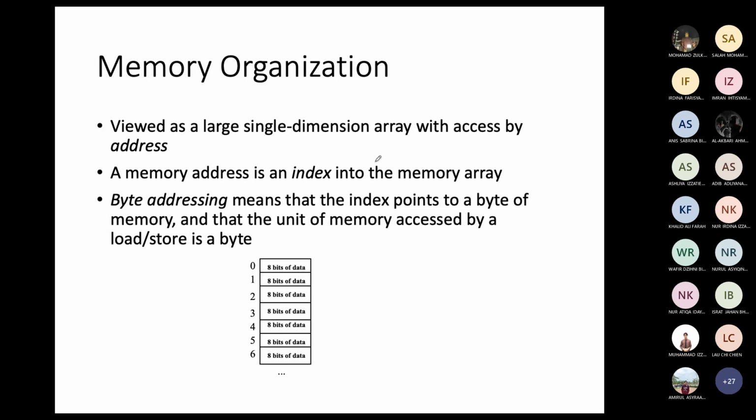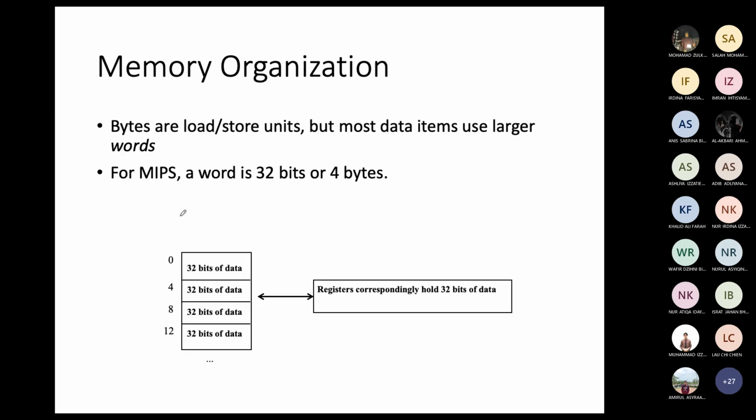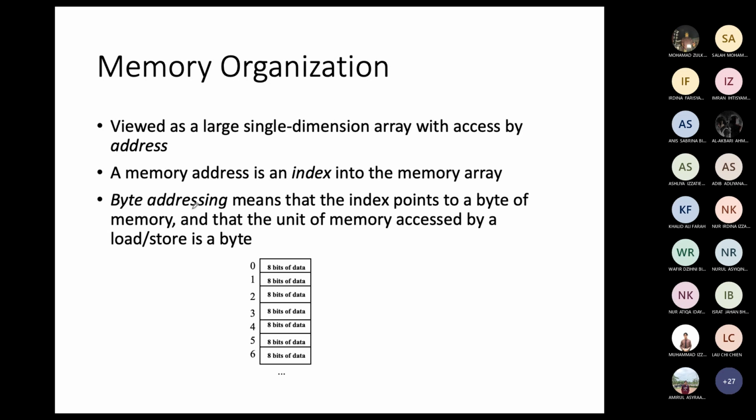So a memory address is an index into the memory array. Let's say the memory address is in 8 bits, 8 bits, 8 bits, and then 4 8-bit units would be grouped into one word. A memory address is an index into the memory array.